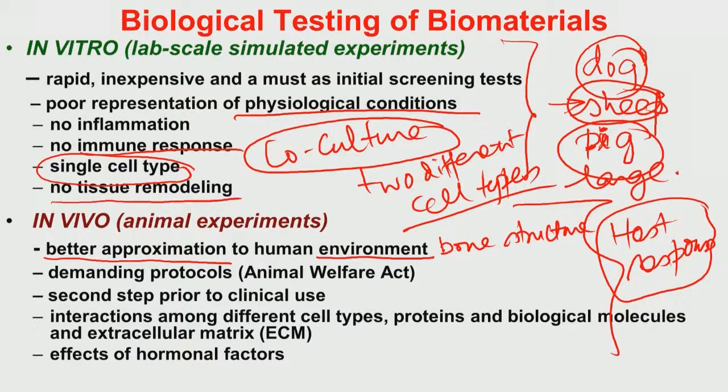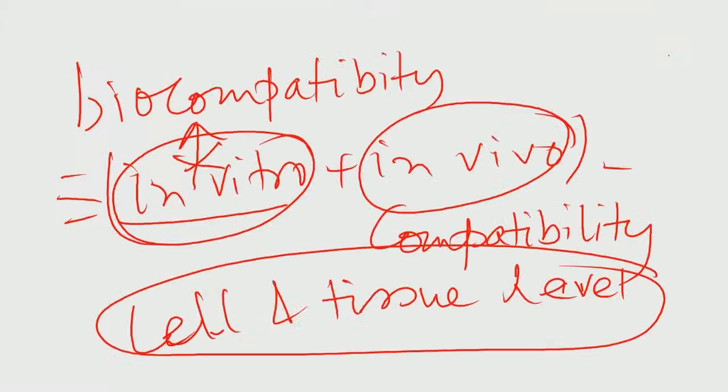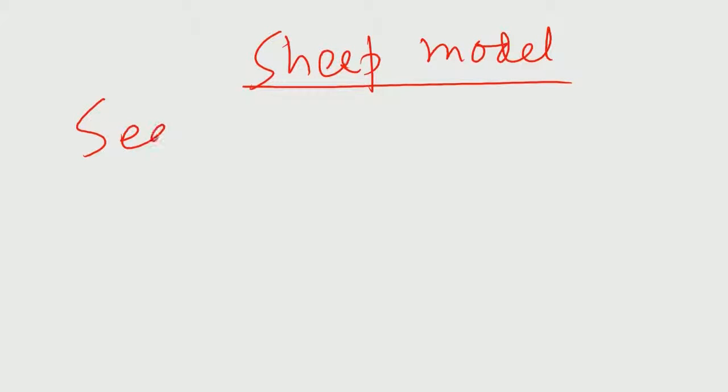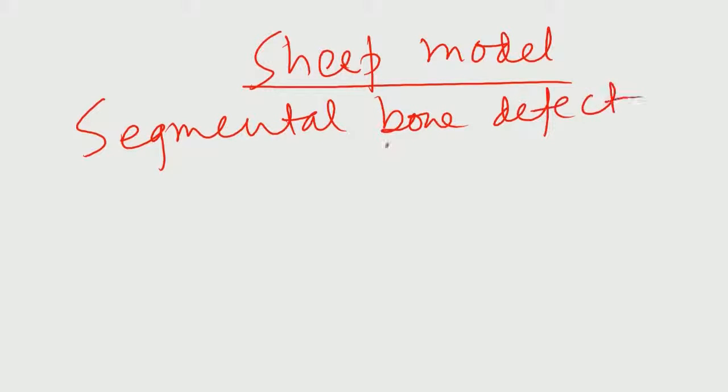In the sheep model one can use very large segmental defects, and if one goes to the literature, you can find that people have typically used large segmental bone defects, and these defects can have a size somewhere between 10 to 48 millimeter. So, this is a large size.